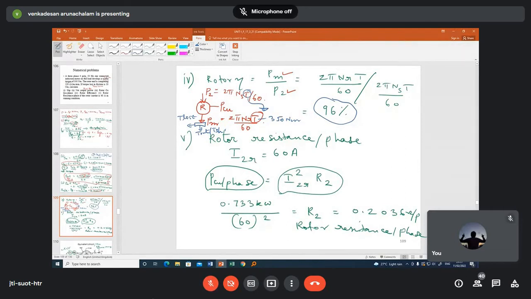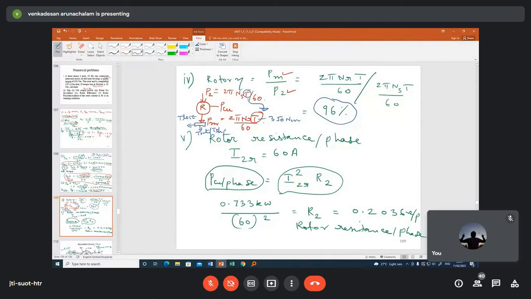Yes. Now next we have to find the rotor resistance per phase. They have given the rotor current as 60 ampere. Now, how to find the rotor resistance? We know rotor copper loss per phase is nothing but I squared R, that is rotor current squared into rotor resistance.